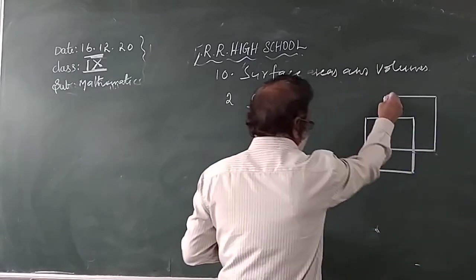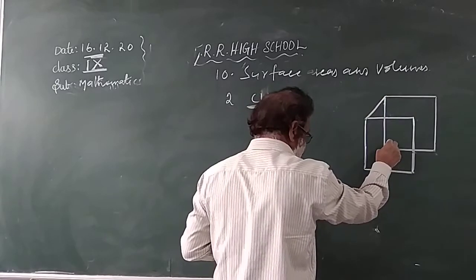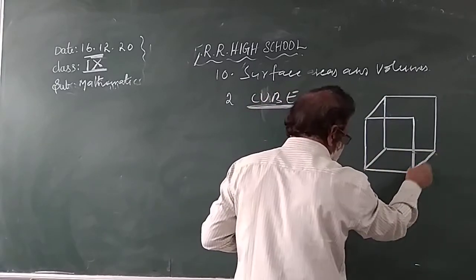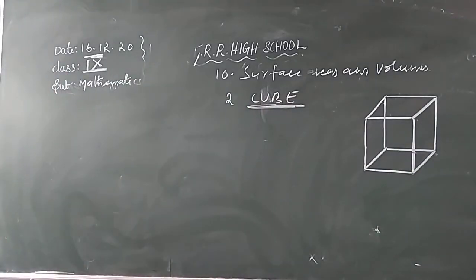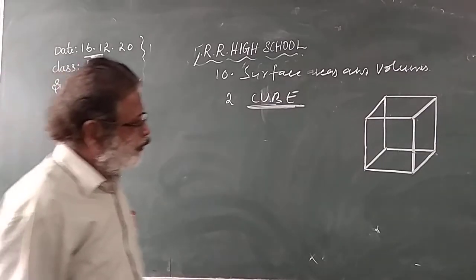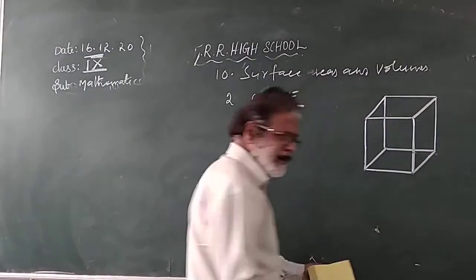This is a square. This is a cuboid. This is called a cube. In the cube, all sides will be equal.